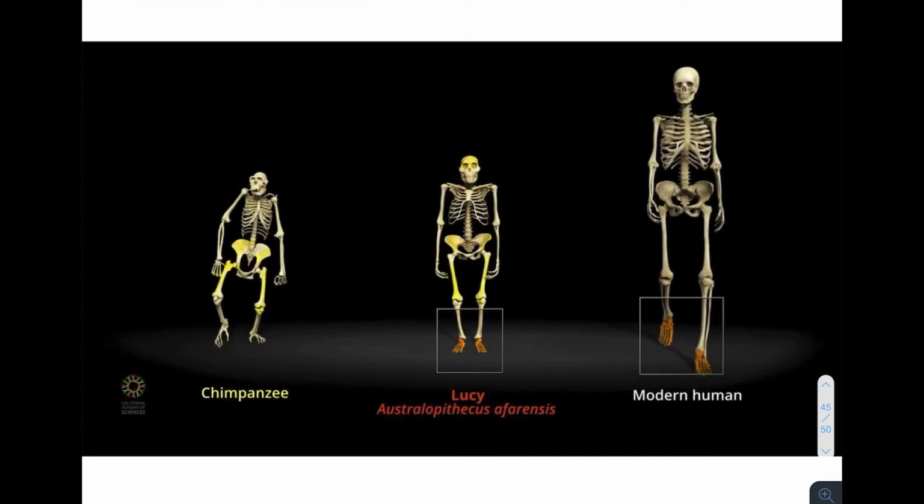And still small in stature. So remember that we're talking about 4 feet tall in height, compared to the modern human, a taller, more elongated and delicate skeleton as we get to the modern human.